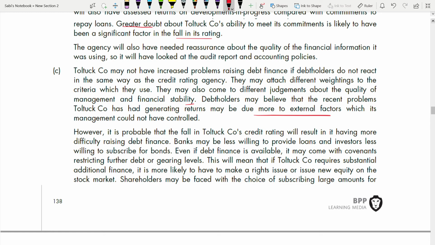So is it the fault of management? Can management control flood and all? These are external reasons. There are so many reasons a company is not performing well, and most of them in this case are external, beyond the manager's control. So maybe due to that, the debt holders may not take that decline in credit ratings so seriously because they know these are external factors. So it has nothing to do with the company's performance and all.